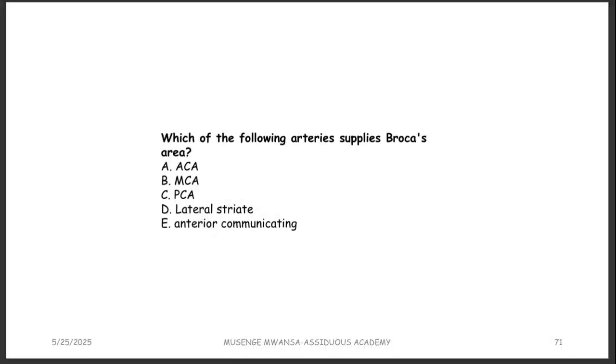Which of the following arteries supplies Broca's area? ACA, MCA, PCA, lateral striate, anterior communicating. Any thought for this one?